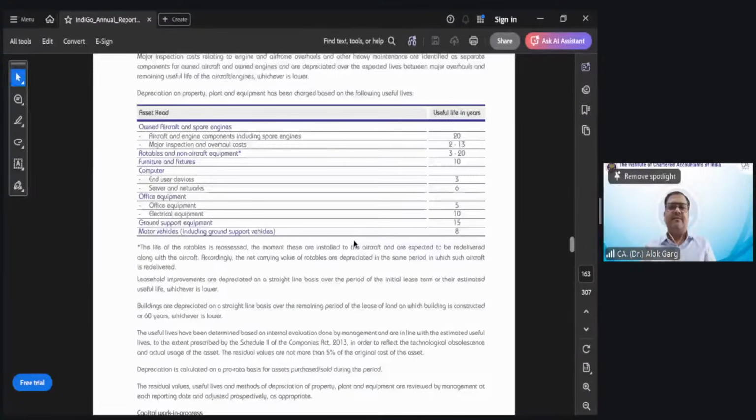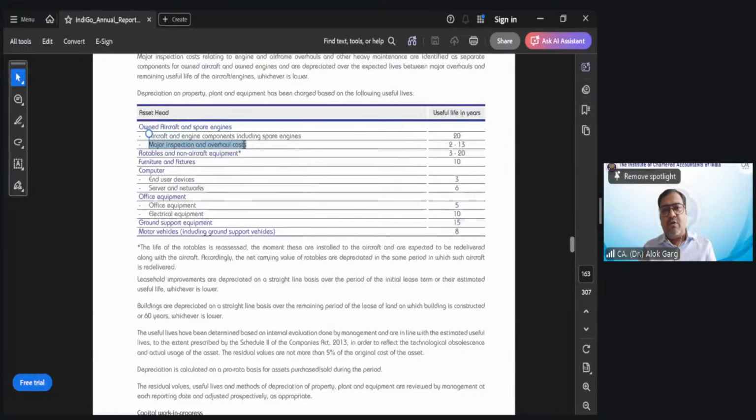Yes. Can you see owned aircraft and spare engines? Aircraft and engine components including spare engines, right? 20 years.